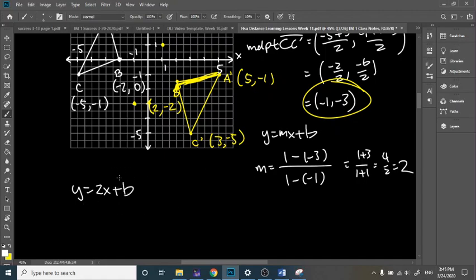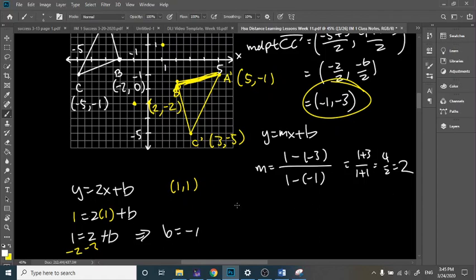So let's use the point 1, 1 just because it's positive. So 1 equals 2 times 1 plus b. So that means 1 equals 2 plus b. So that means minus 2. B equals -1 again in this case. So y equals 2x minus 1.